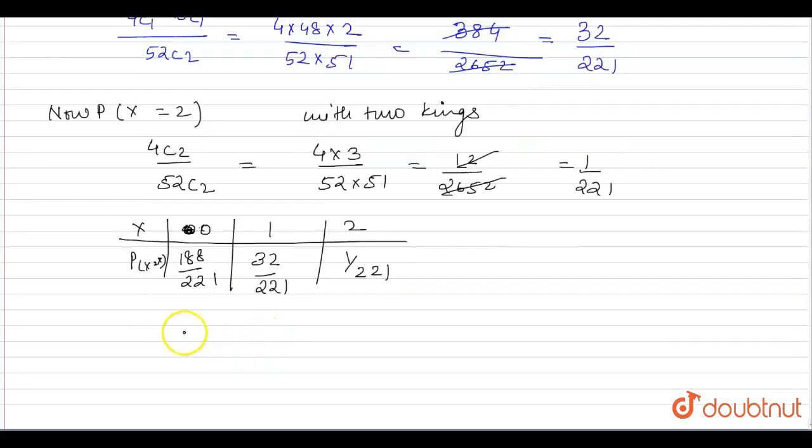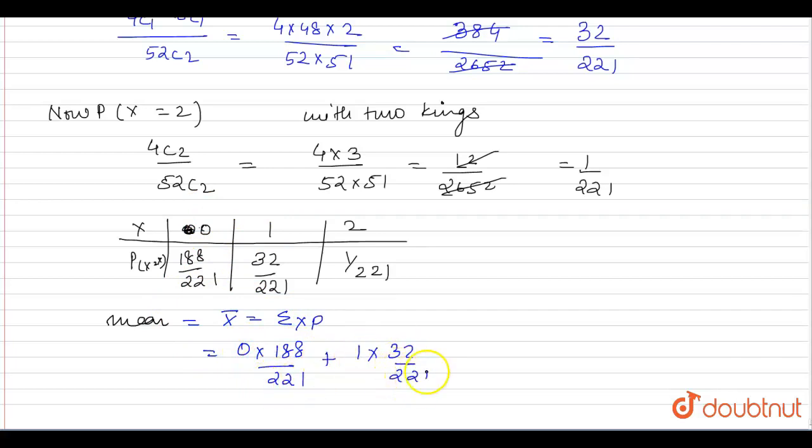Okay, so now we have to find the mean. Mean is equal to X bar, which is equal to the summation of X times P(X). Multiplying, 0 into 188 by 221 plus 1 into 32 by 221 plus 2 into 1 by 221.